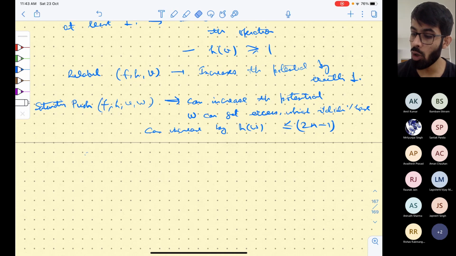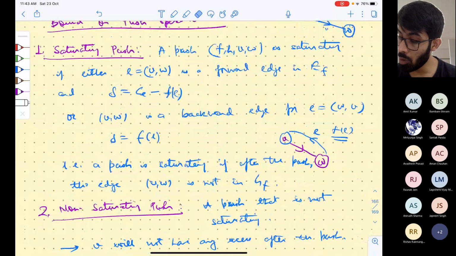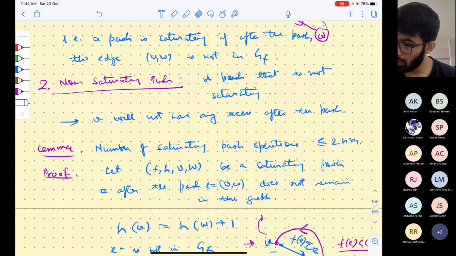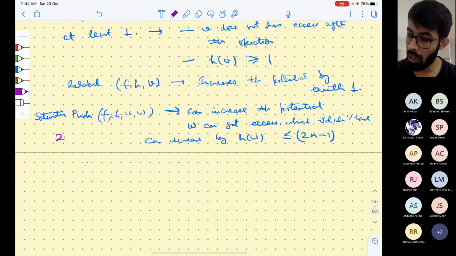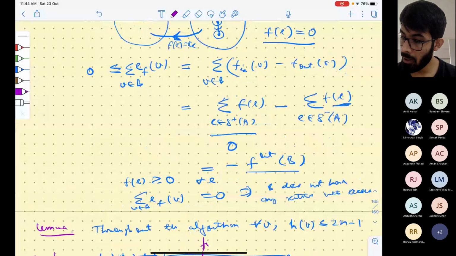Because we have a bound on saturating pushes also, and we have a bound on relabel operations also. So how many saturating pushes did we have? Saturating push we had here 2nm, right?